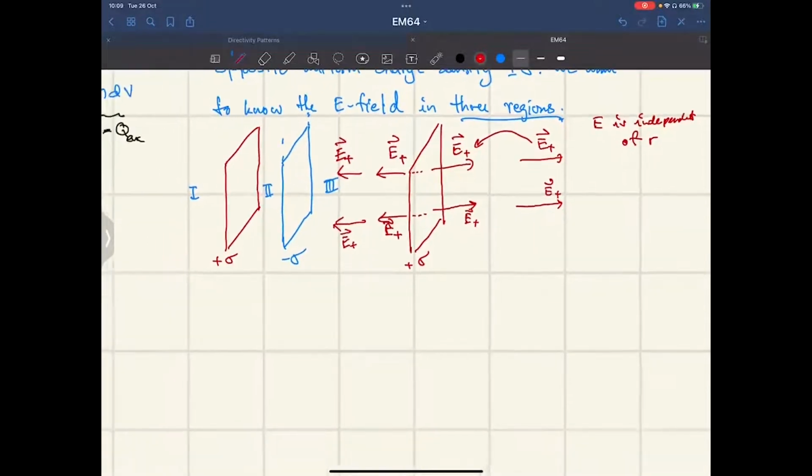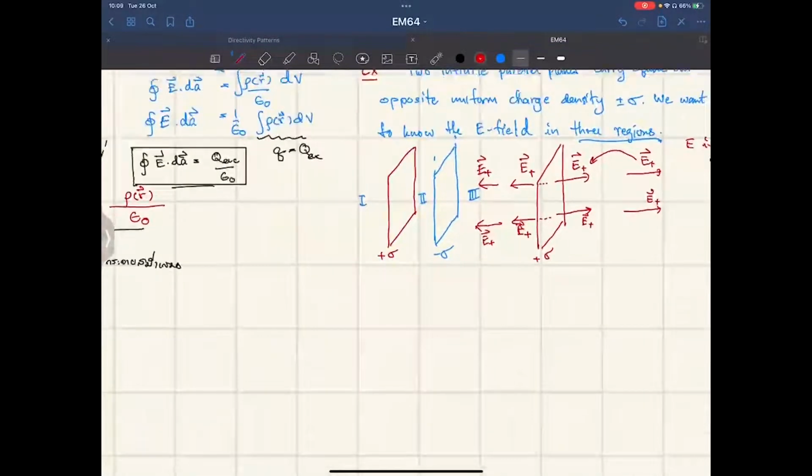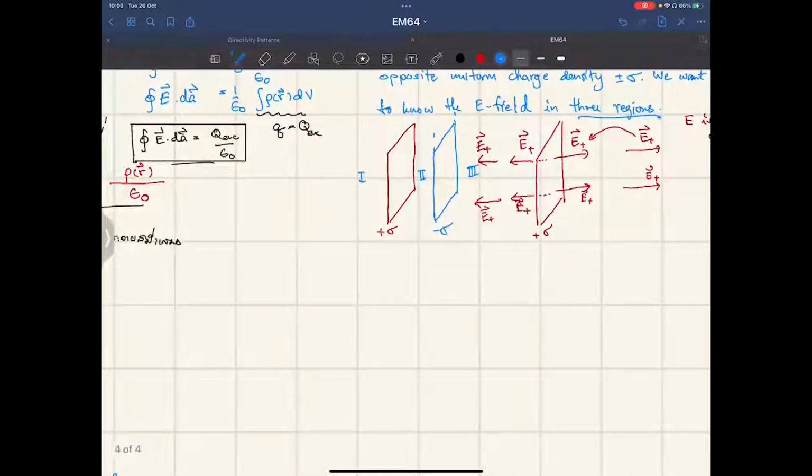Now let's consider the blue one. And this is negative here.